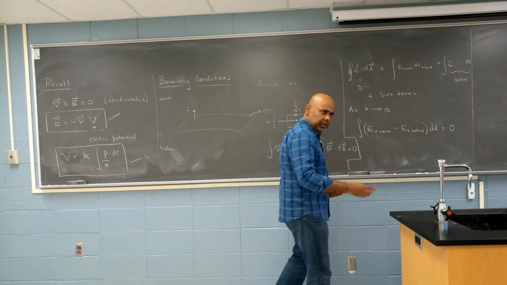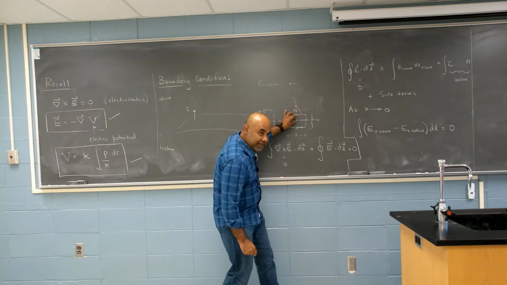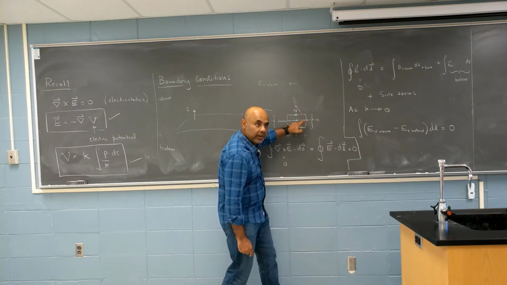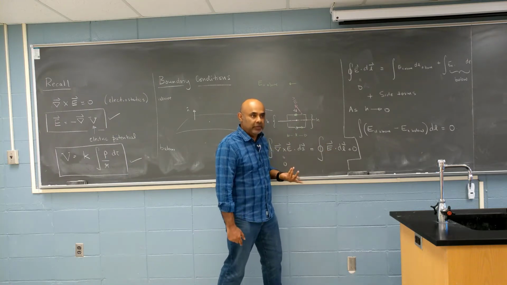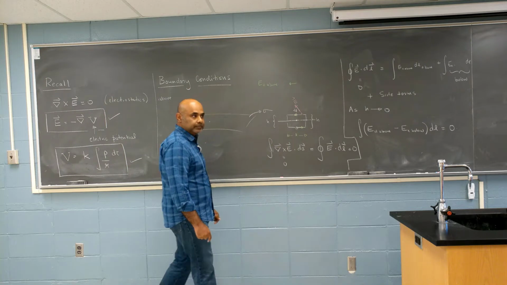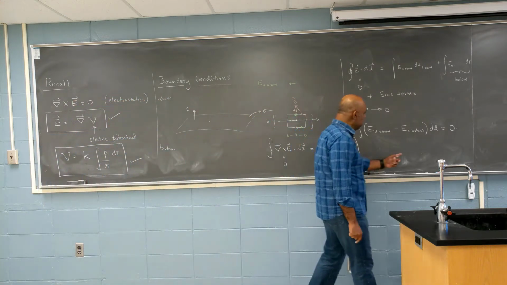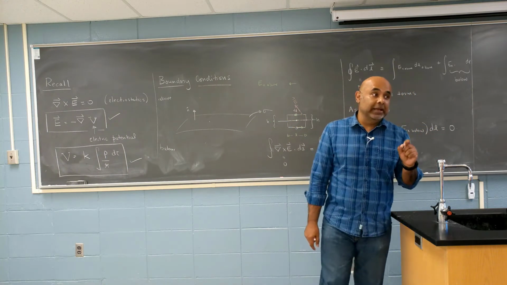The second thing is also something we just mentioned. As the limit approaches, this dl is going this way, and this one is going the other way. So one is negative with respect to the other. That's all I care about. This is true for any such loop. If the integral of a quantity vanishes, that does not mean the integrand vanishes.